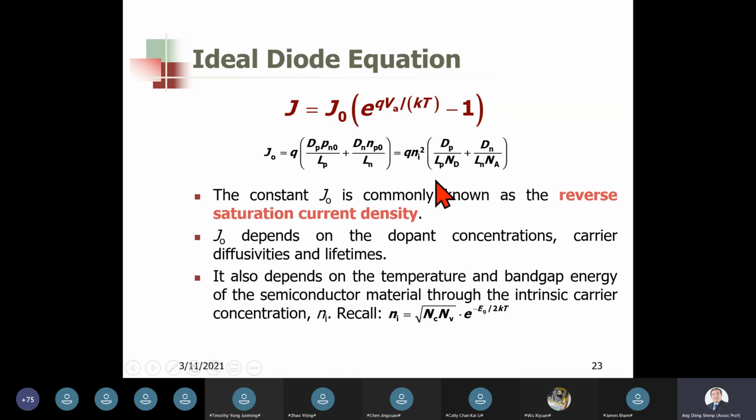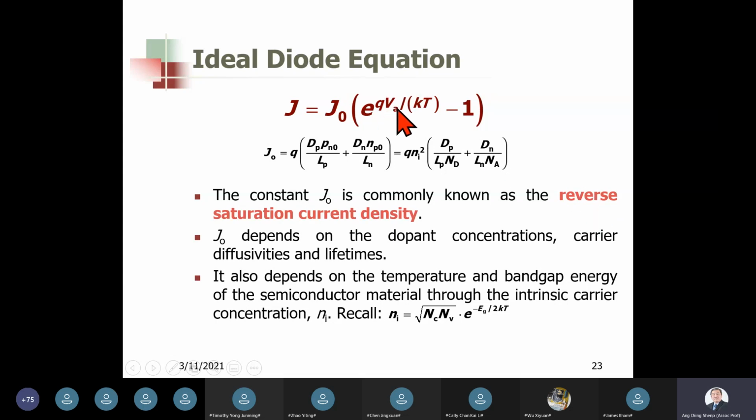Now, moving on, there's a name given to this constant J0. It is commonly known as the reverse saturation current density. It's useful to understand why people give it such a name. Assume reverse bias, because of the word reverse, it suggests that this name was adopted because of something happening under reverse bias.